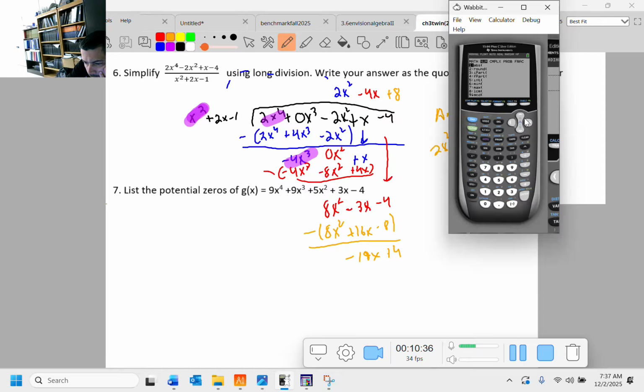Negative 19x plus 4. This will tell me if I'm right or not. And that was sitting over x squared plus 2x minus 1. So if my work is correct, these graphs are identical.